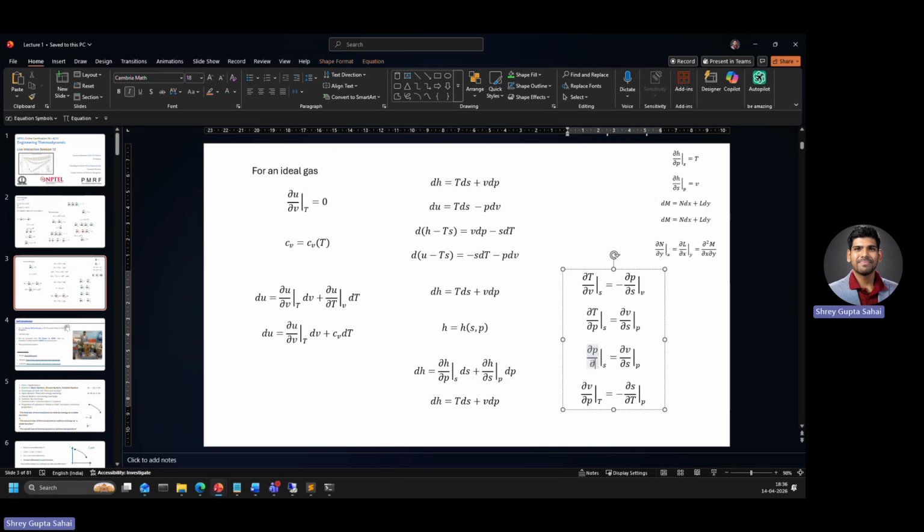P at a constant T, at a constant V, is del S by del T at a constant T. Okay, and this one I've incorrectly written it to you.